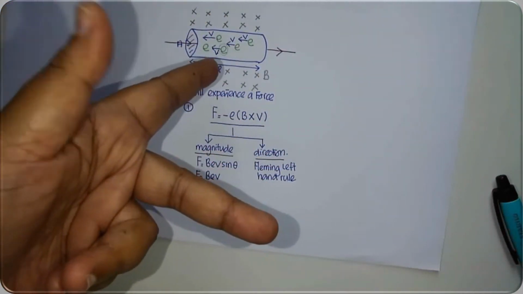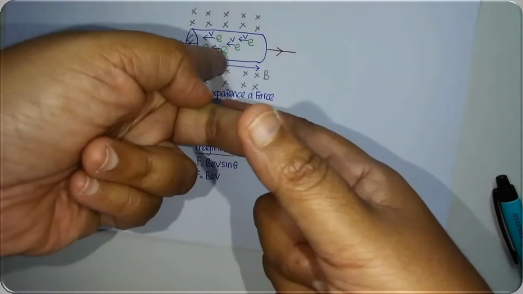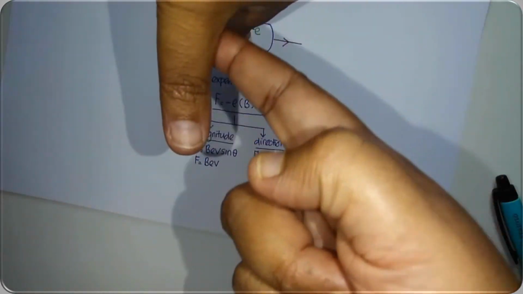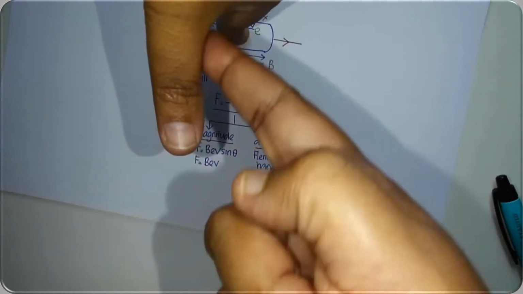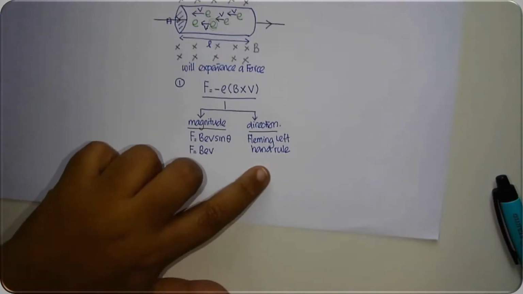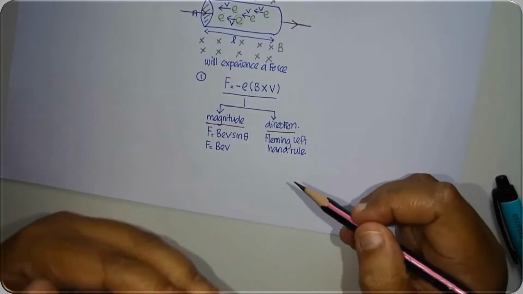In this case, B is into the page and v is in this direction. So I get my direction of force downward.